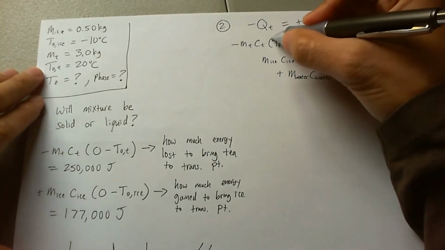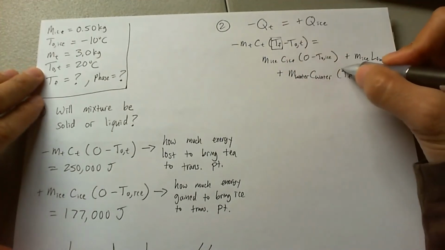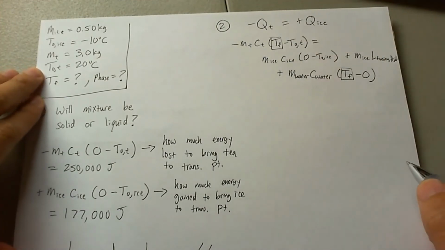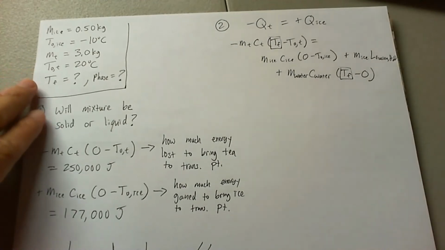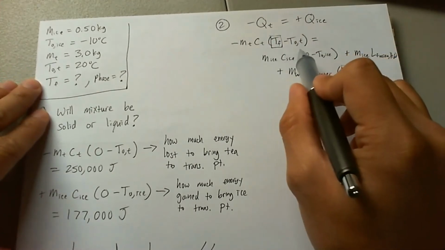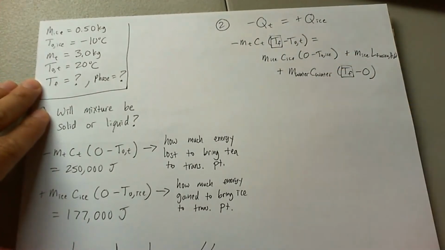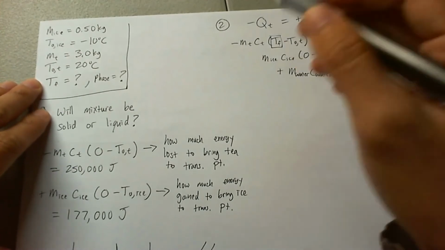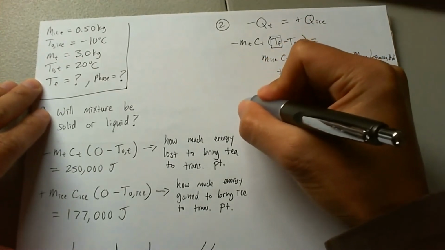But again, we have TF that we need to find out. So we need to figure out how to isolate TF. Okay, now let's go ahead and do that with two steps. The first step is I'm going to break this all down and try to get TFs all on one side. But let's go ahead and first do a breakdown.